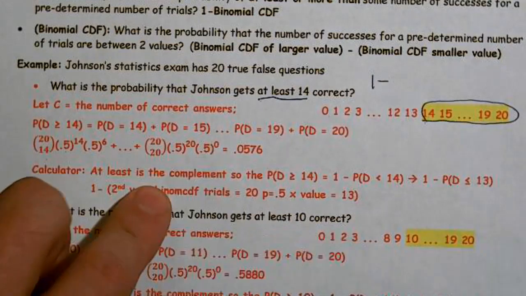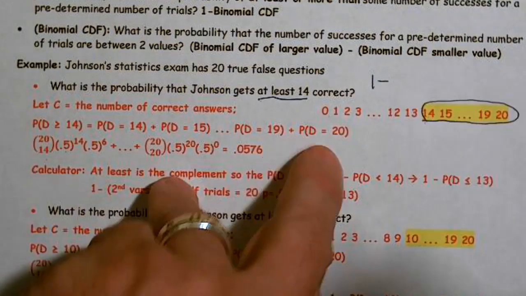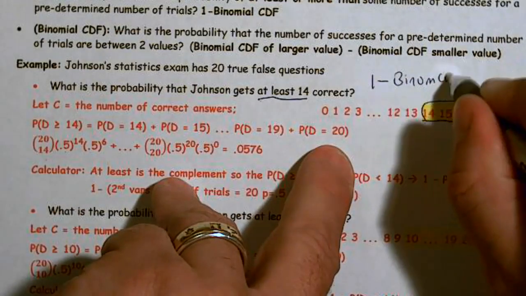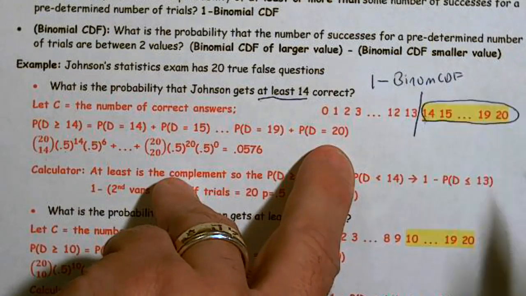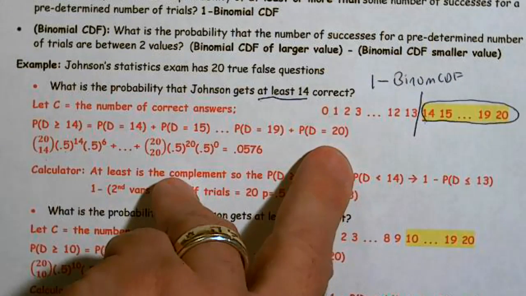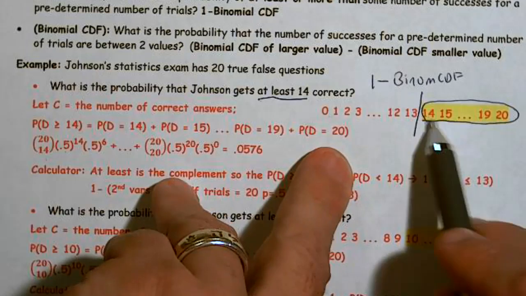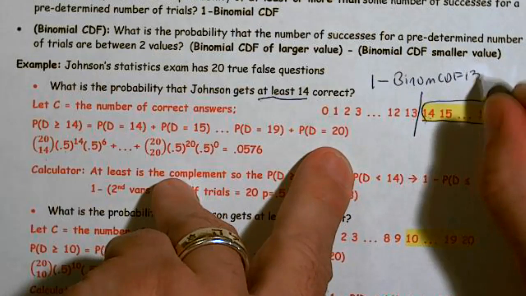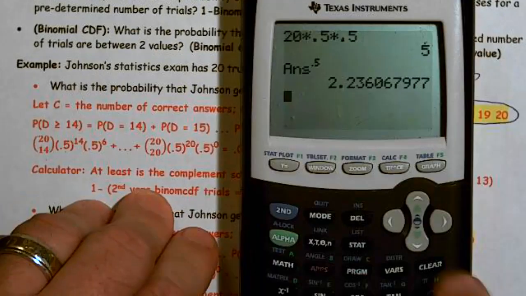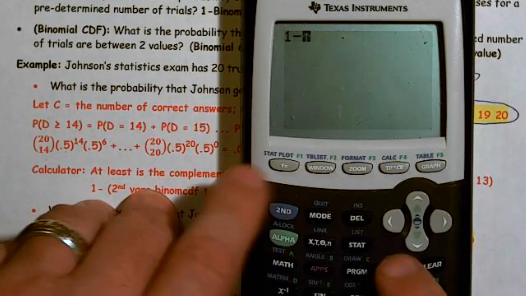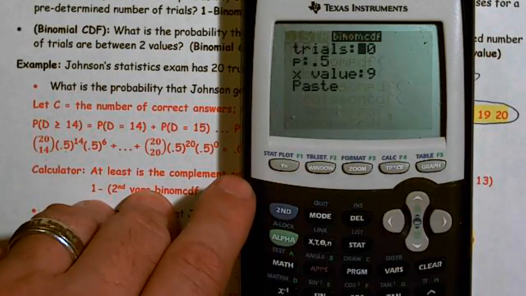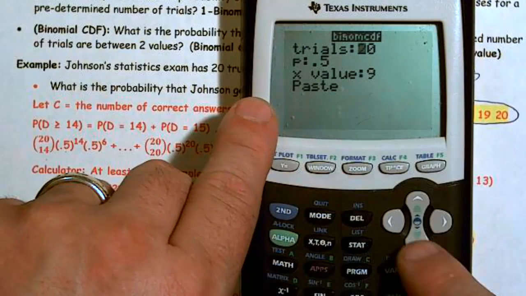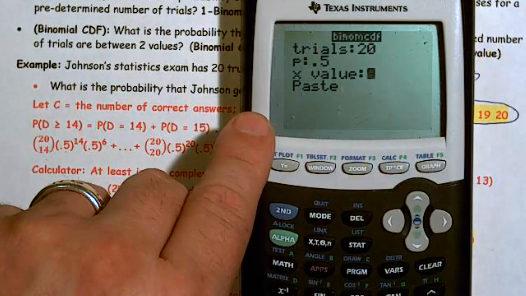All right. So how do I do this in the calculator? This is where you have to be really careful. First off, we know it's going to be a CDF because we have more than one value. And we always subtract out the highest value we don't want. I want 14, so I'm not subtracting it out. I'm subtracting out 13. So here we go. 1 minus second vars, binomial CDF, trials are 20, the probability of guessing correct is 0.5, and the highest value I didn't want was 13.